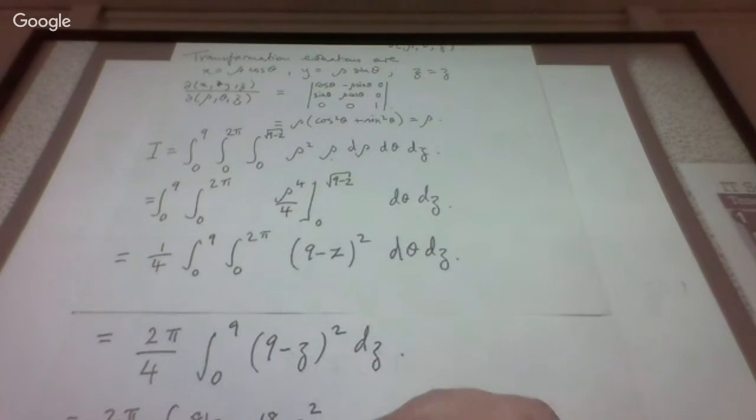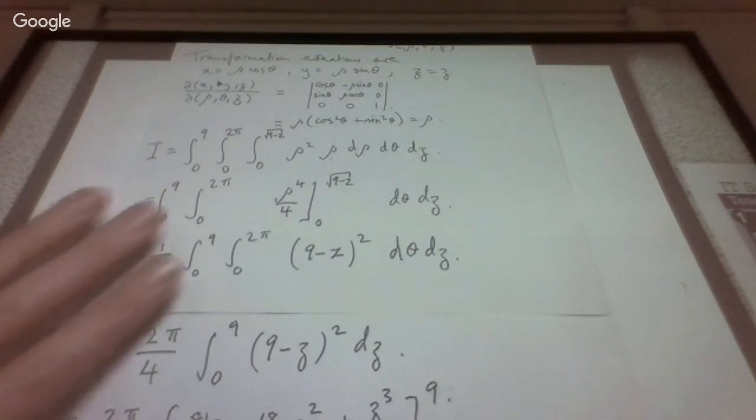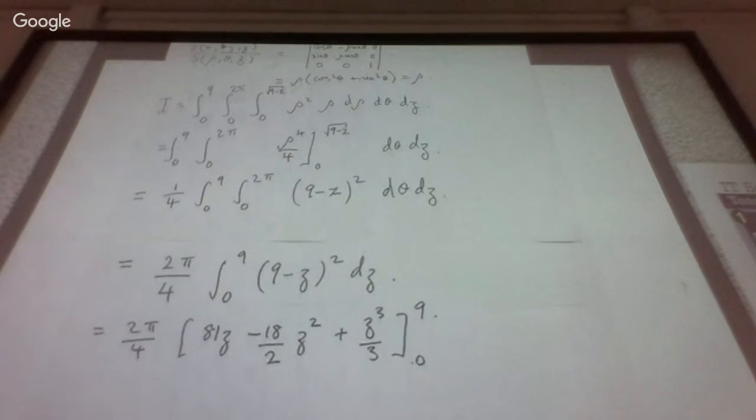And then you get a plus z squared, which will integrate to z. Okay, and that'll have, you know, whatever value it has. It's just a matter now of evaluating those all.